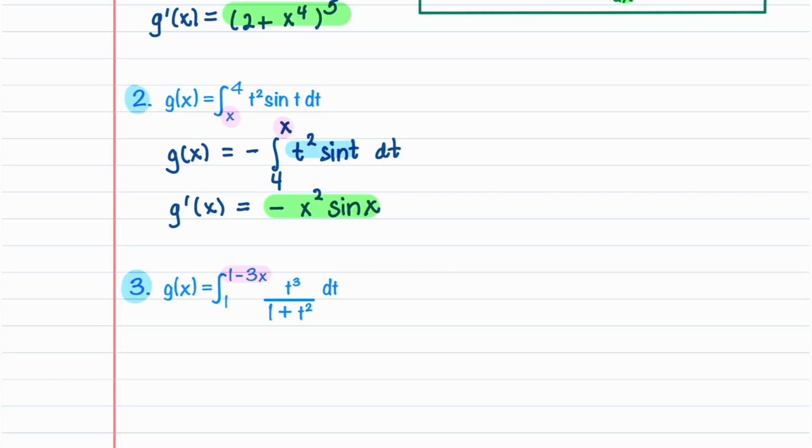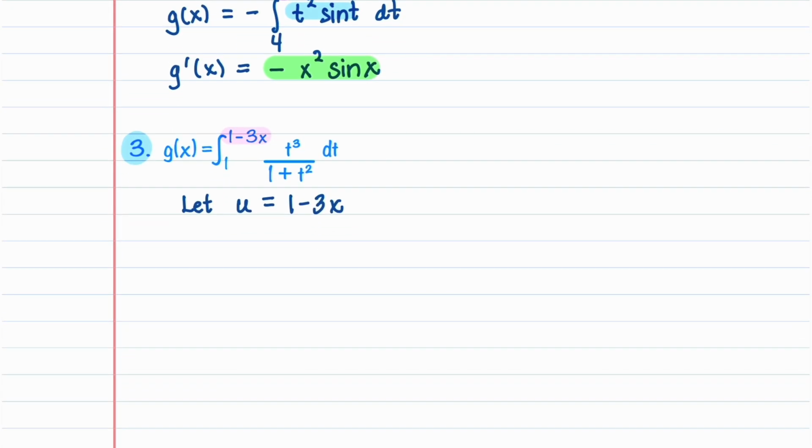So what we're going to do is let u be equal to 1 minus 3x. So g of x is now g of u of x, the integral from 1 to u of t cubed, all divided by 1 plus t squared dt.